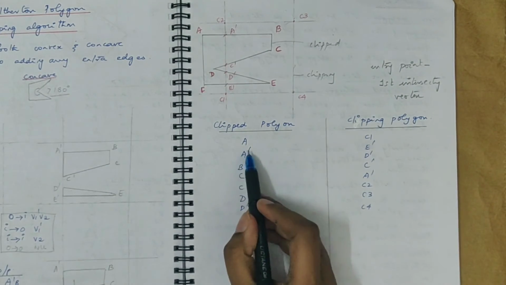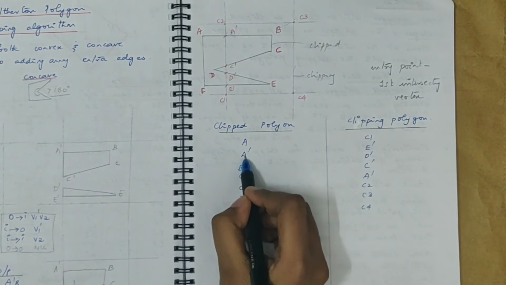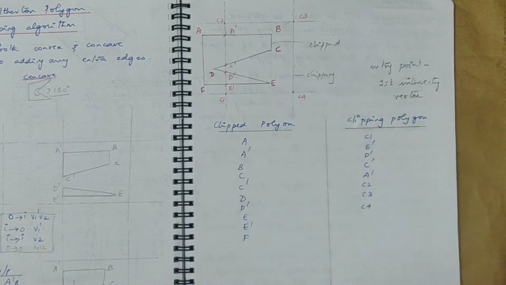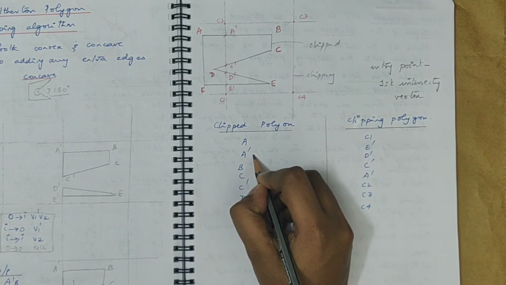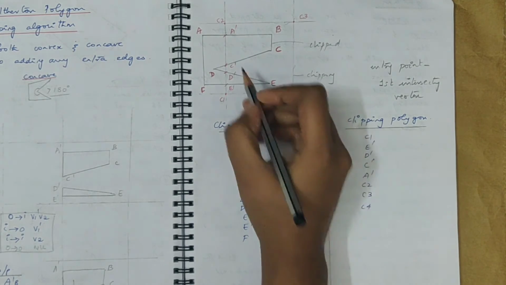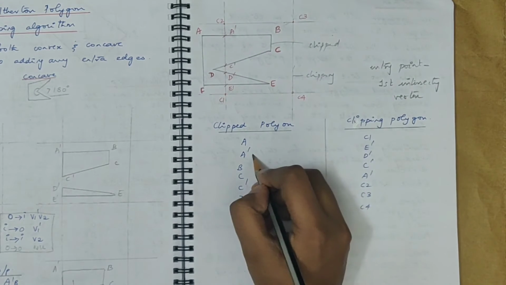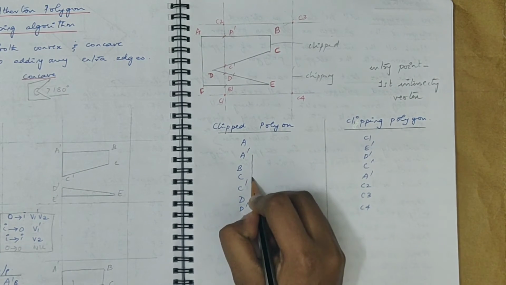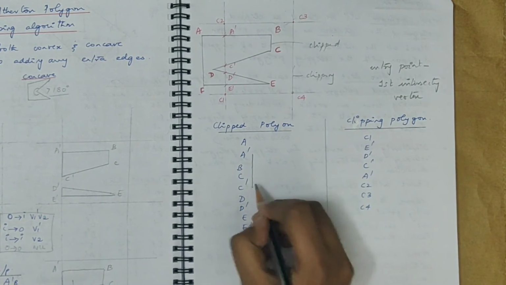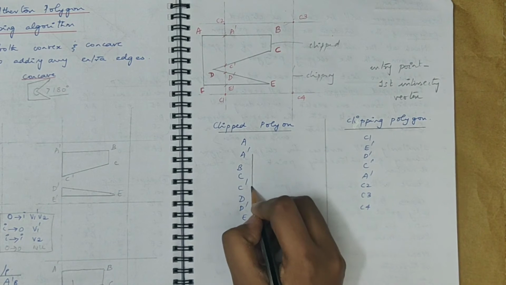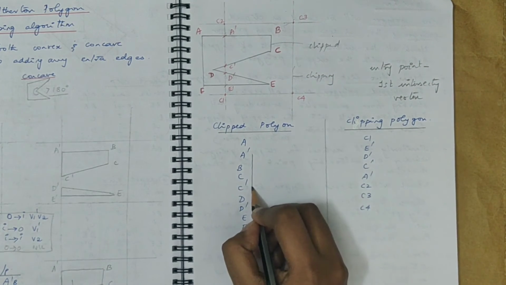A dash is the first intersecting vertex. Now you follow the elements in the list until you find the next intersecting vertex. A dash, B is not an intersecting vertex, C is also not, C dash is an intersecting vertex. So the entry point is the first intersecting vertex and you stop at the next intersecting vertex.